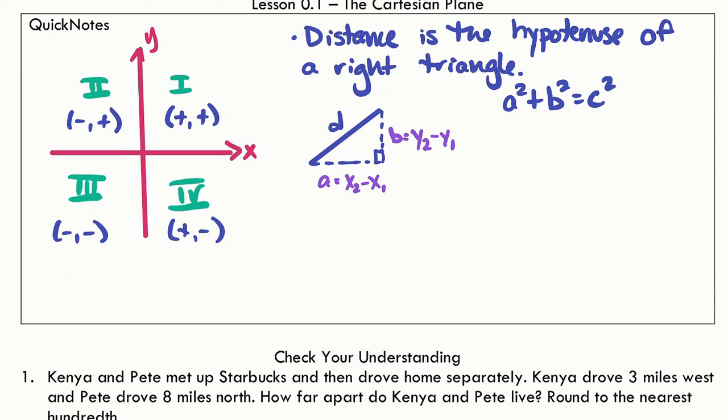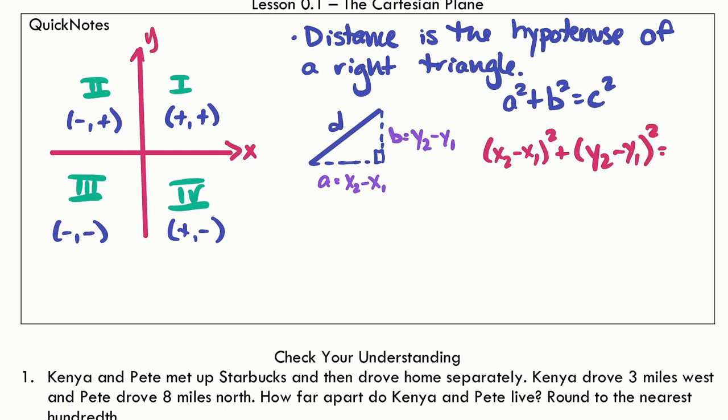Okay. So what we can do now is take what a is, and what b is and what c is and put it into the Pythagorean theorem, and it's going to give us the distance formula. So a is x2 minus x1. It needs to be squared. b is y2 minus y1. It needs to be squared.